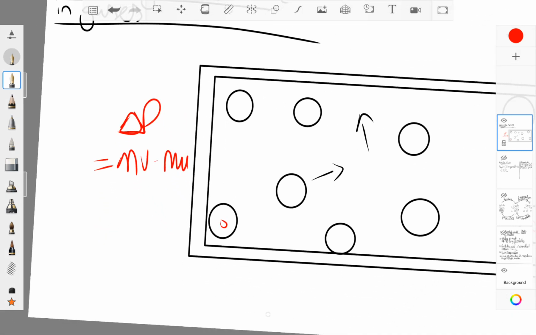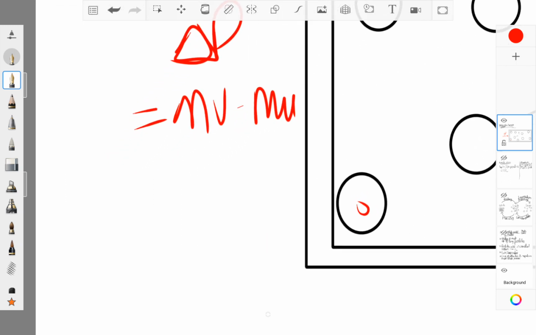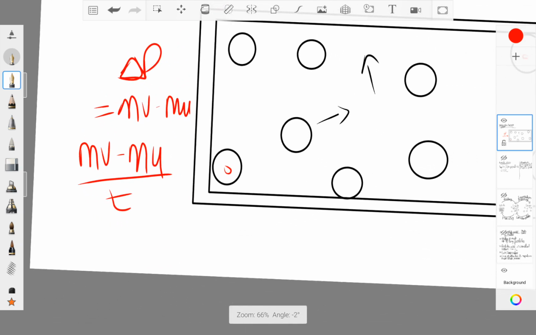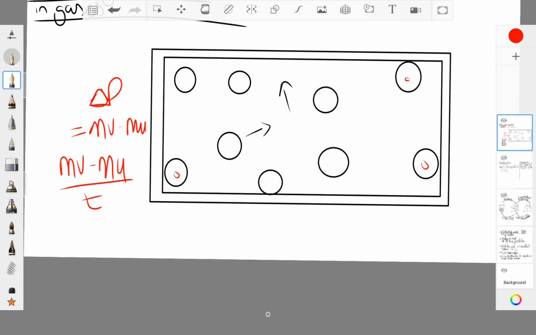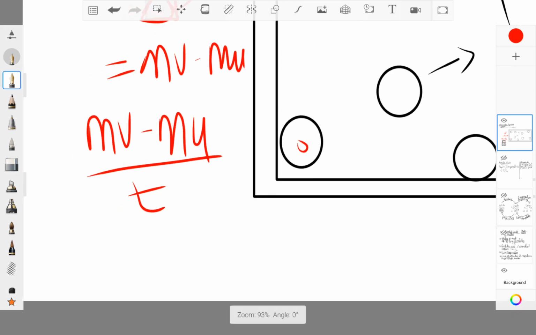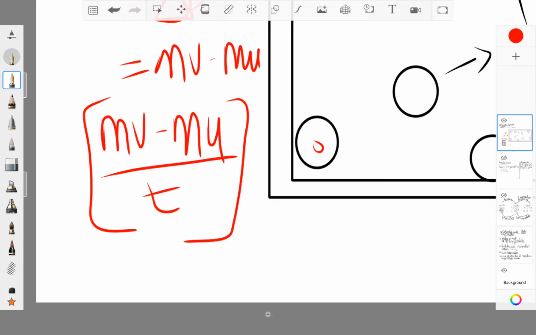And the rate of change of momentum that occurs, so the change in momentum that occurs per unit time, would be (mv minus mu) over t. So as you can see, with every collision, a gas molecule exerts a force, which is just (mv minus mu) over t.